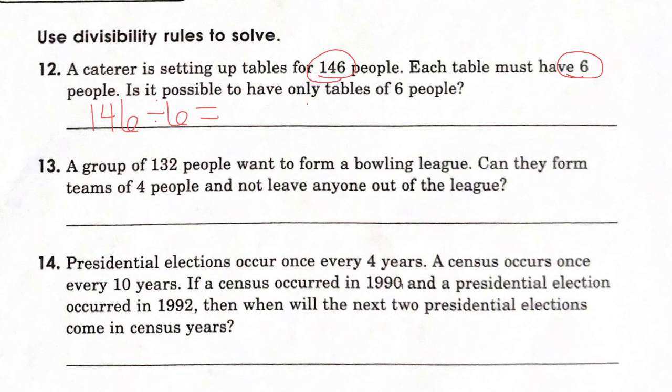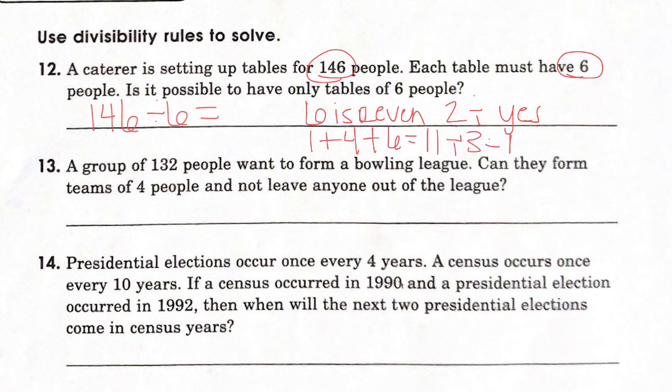So that would be 6 is even. So 2 divisible, yes. Now, for 3, divisible by 3 is that the sum of the digits has to be divisible by 3. That equals 11, which is not divisible by 3. So the answer is no. So my final answer is no.